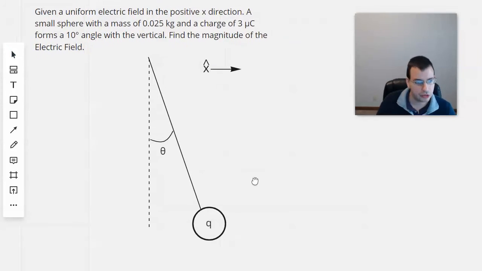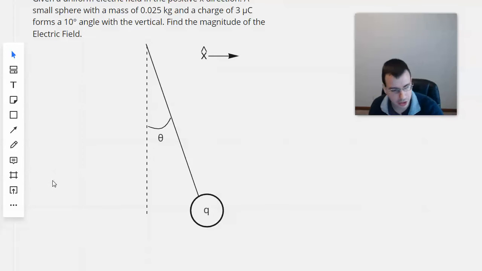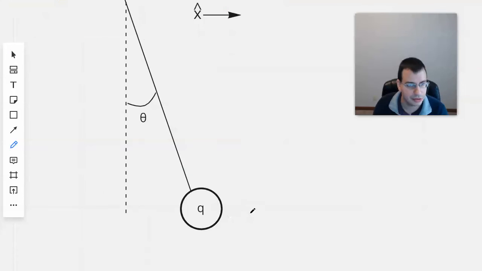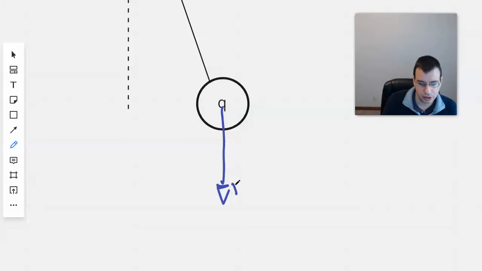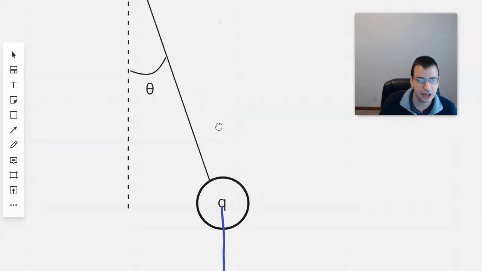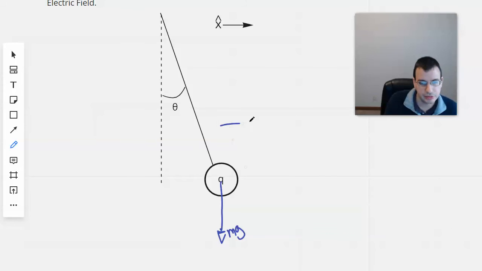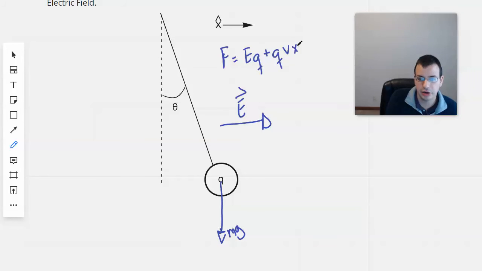Okay, so first we start by drawing a picture, mostly drawn for us. We'll get blue, because everyone loves blue. And we'll draw gravity, mass times gravity, and it says an electric field to the right. So the electric field goes this way, and so we have the equation force equals EQ plus QV cross B. We know that the magnetic field is 0, so this part goes to 0.